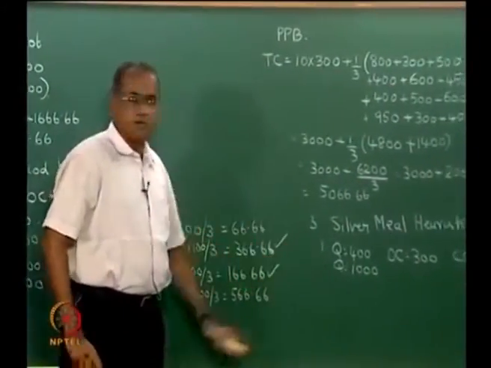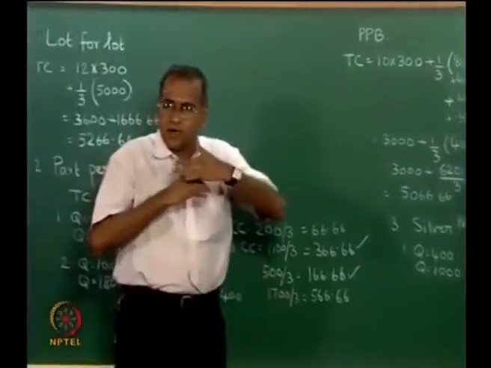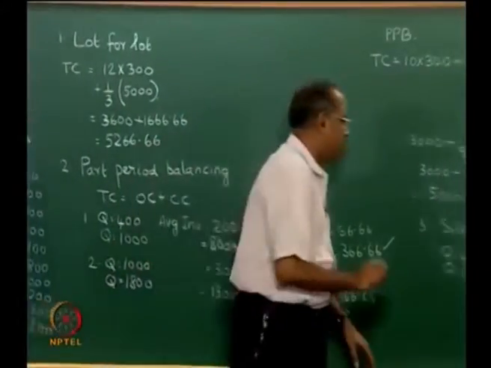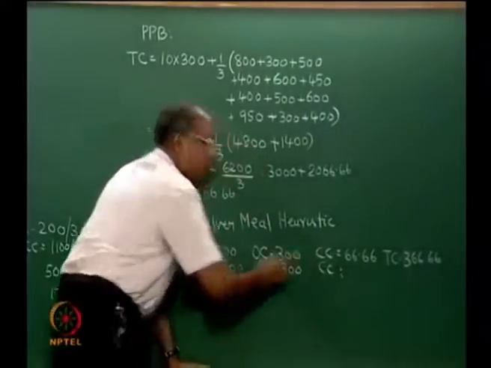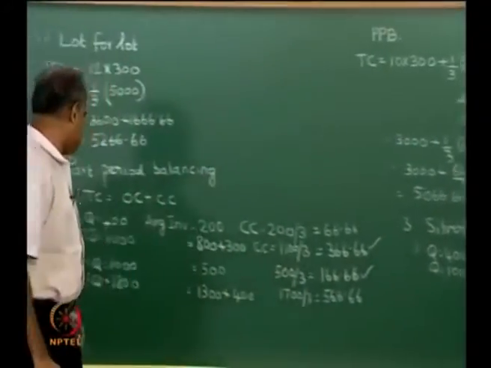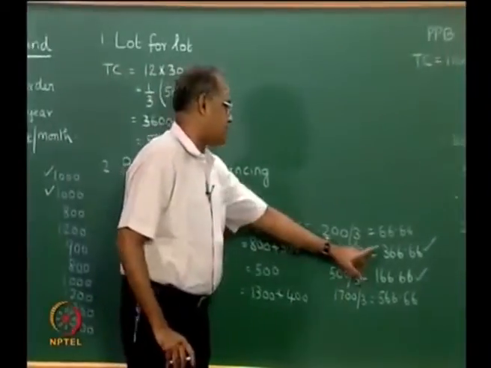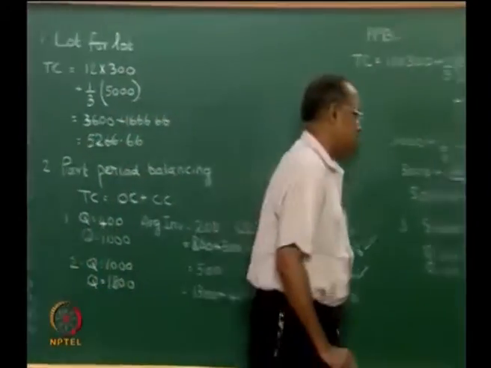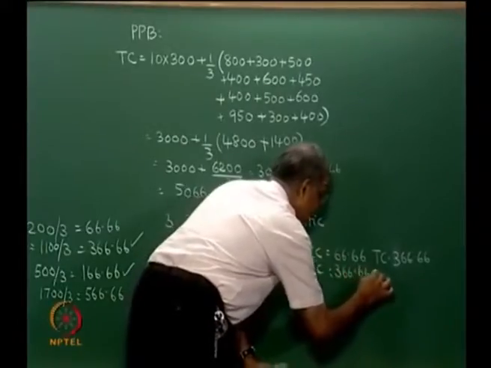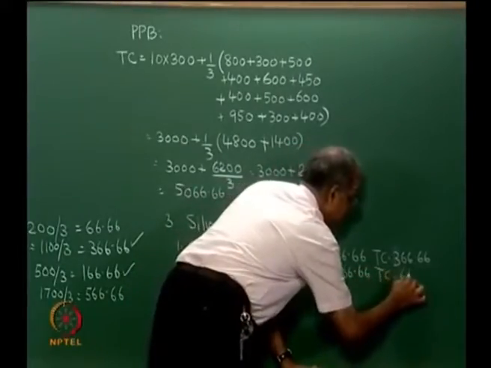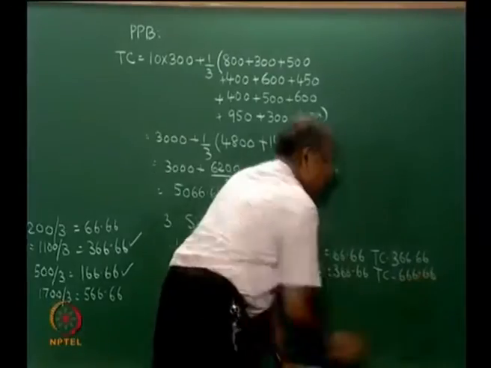Now, when Q equal to 1000, we still try and order 1000 in a single order. So, order cost is 300, carrying cost we have already computed and kept here, 366.66. So, total cost is 666.66.